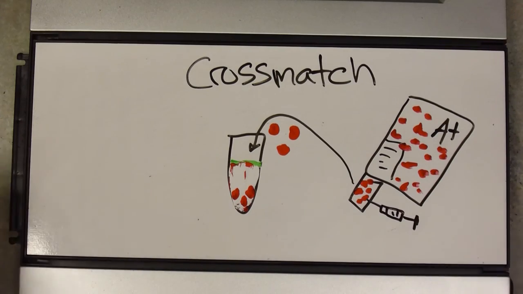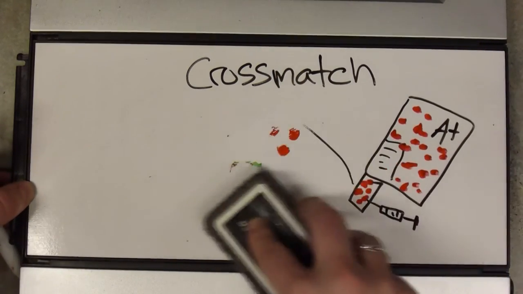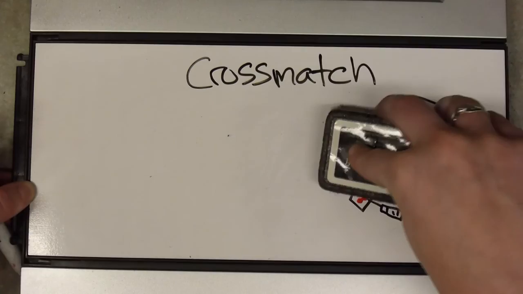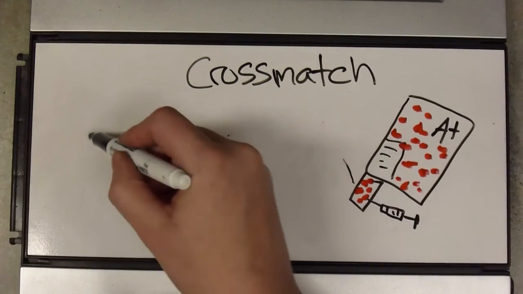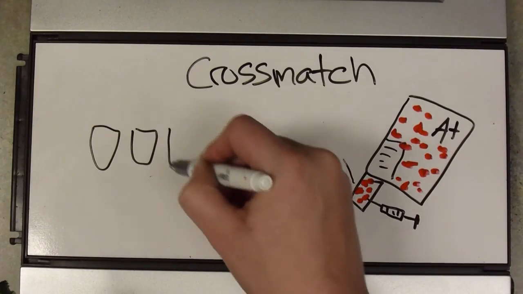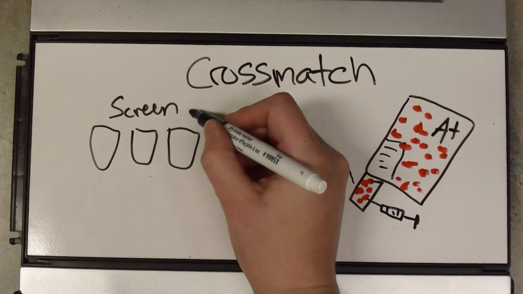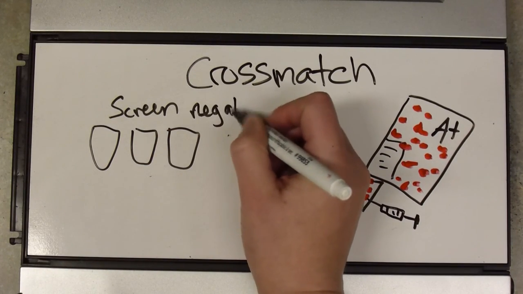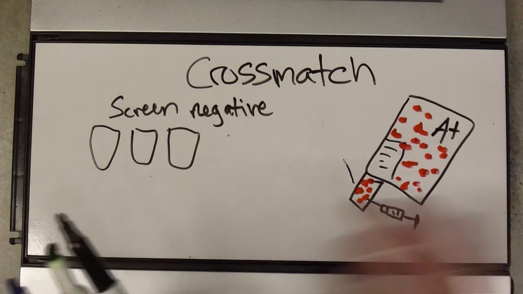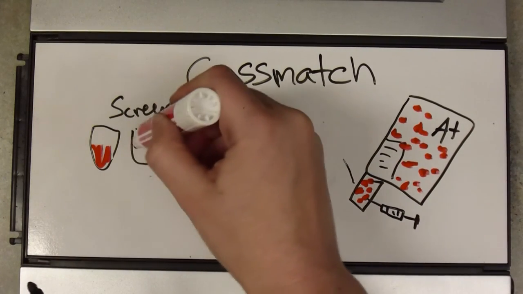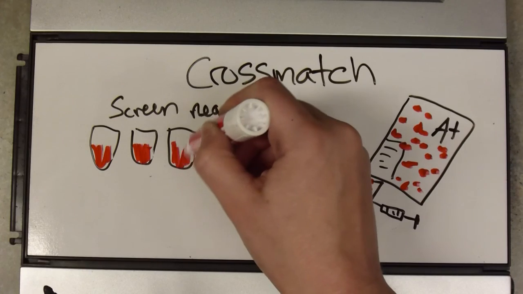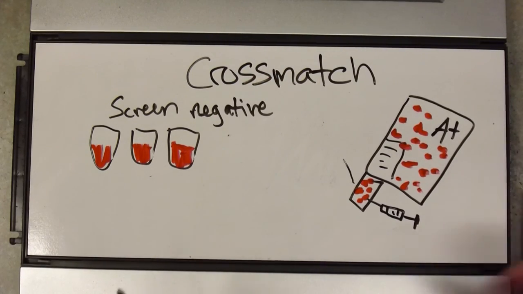The other way to do a cross-match is electronically. So what I mean by that is if we have the results of our patient's screen test and they were all negative, so we can say this person does not have any antibodies in their serum or plasma that we know of.